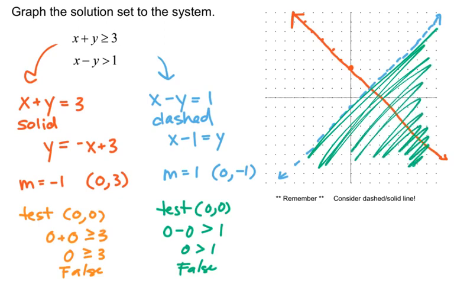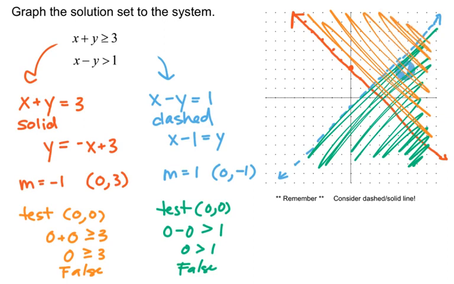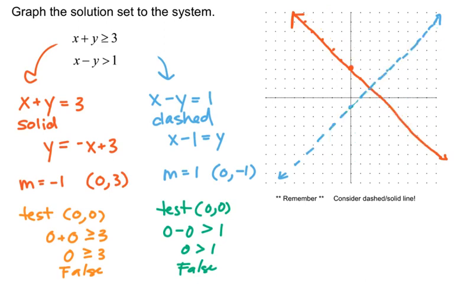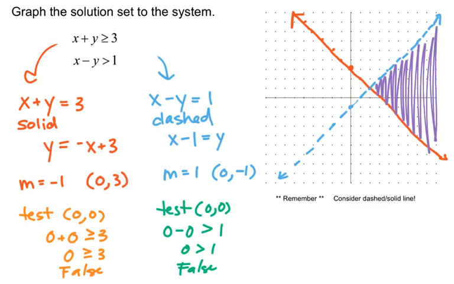So we previously included this region, and you can see right here, this is where the blue and the red regions are overlapping. My solution set, the only region I would be shading, would be that dual region.